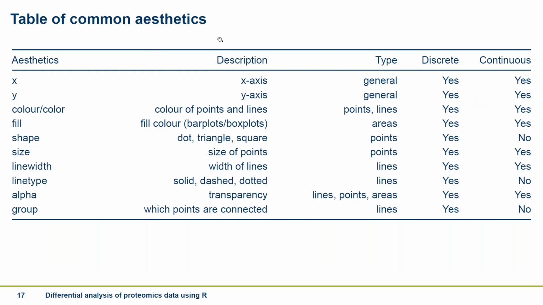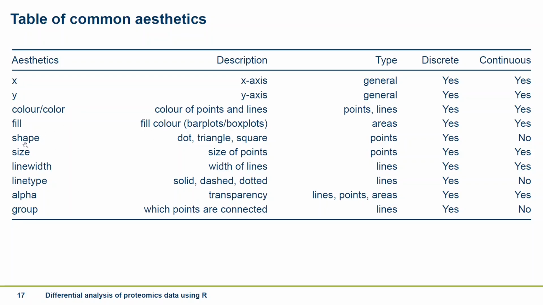Here's a table of some common aesthetics that you can use in different kinds of plots. We already saw x, y for the x and y axis. This can be discrete or continuous depending on the plot type. You have the color, which is colors of points and lines. Can have them also discrete or continuous. We will see this in the third part of the course. Fill is also color, but for areas. For example, if you have bar plots or box plots, it's the area inside these plots that is colored.